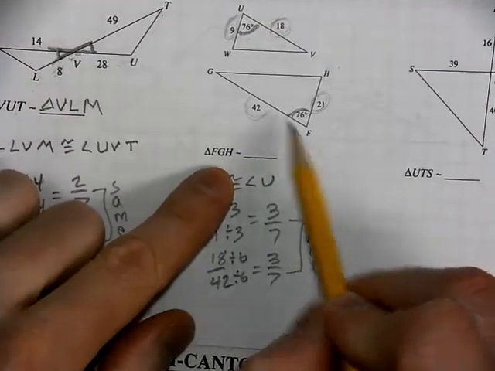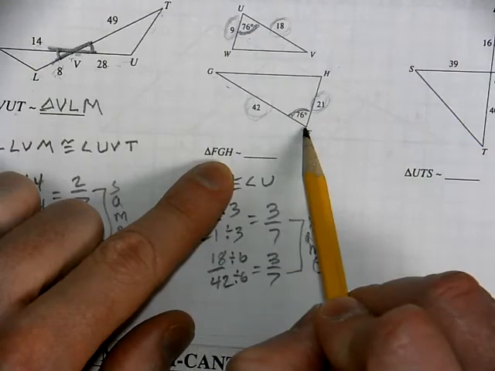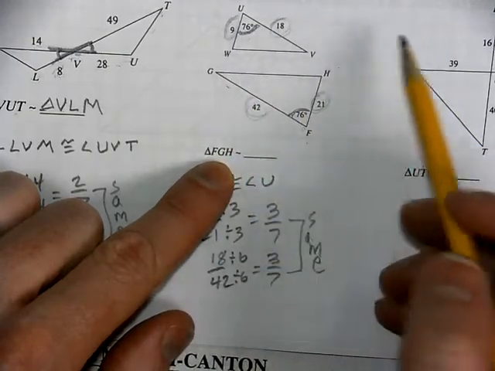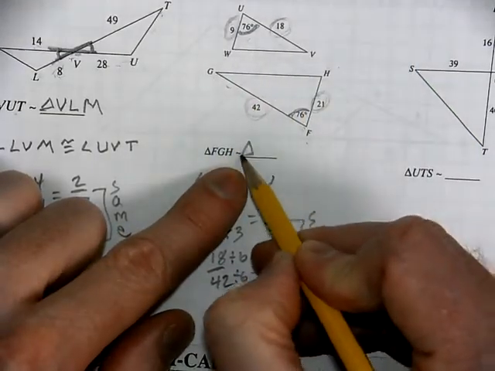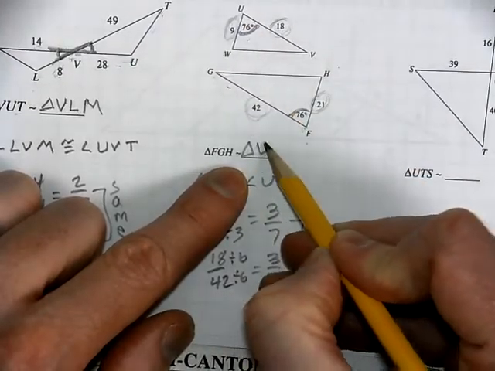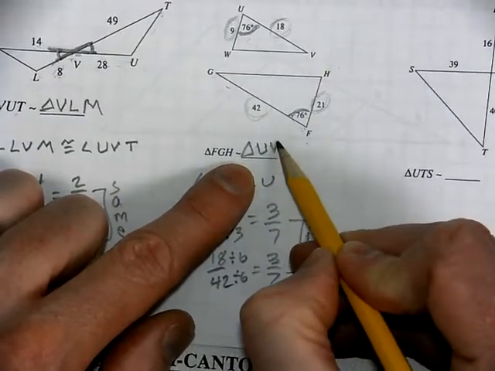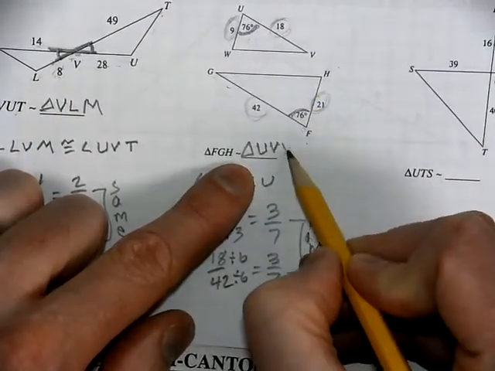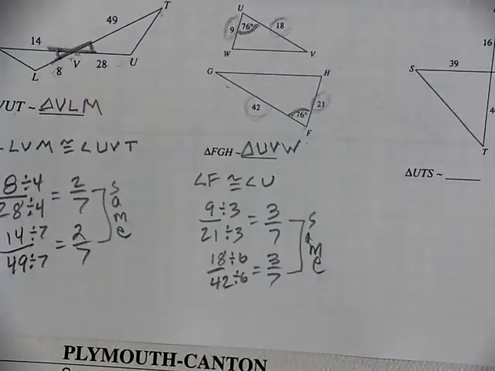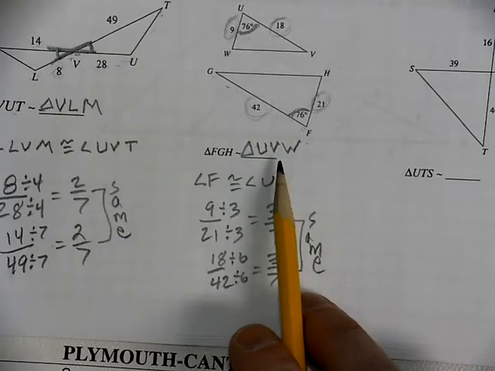So FGH, we started at 76, went down the long side. So when we name this triangle, we have to start at the 76, which is angle U, go down the long side, which is V, and then we finish up at W. So the order you write the letters is very important.